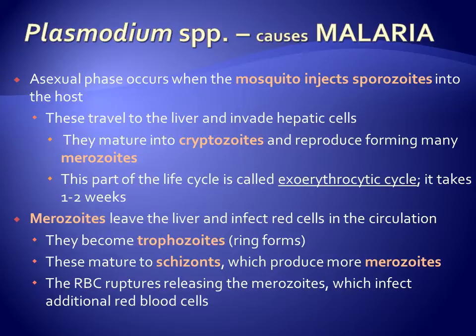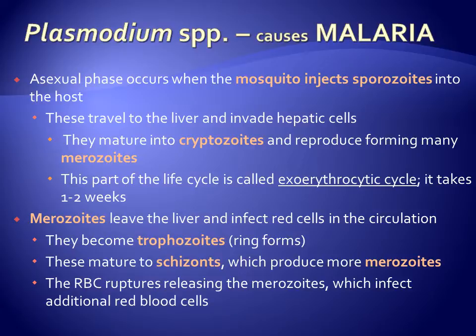So these merozoites that have formed in the liver leave the liver when they're ready, and they enter red cells in the circulation. After they enter the red cells, they become the form trophozoites, and we call those ring forms. And then as the trophs mature, they mature into a form known as schizonts. And in longer-term infections, these schizonts go on to produce more merozoites.